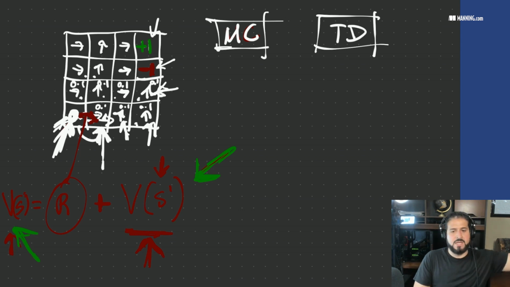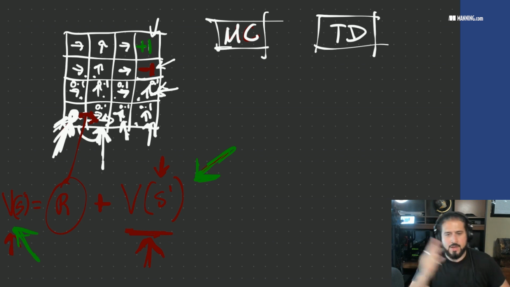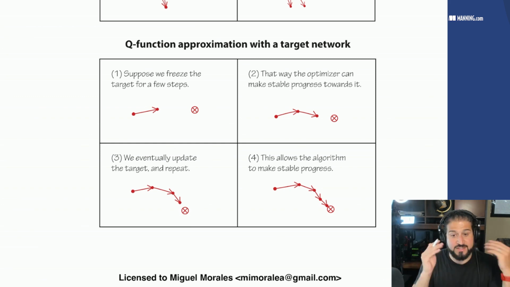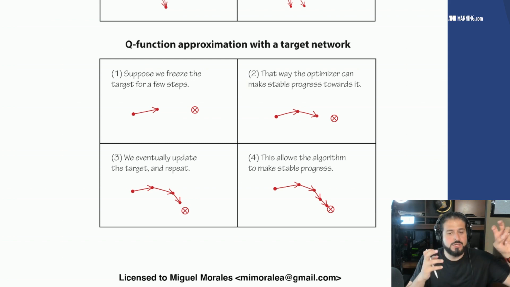Stationary, boom, changes, and then stationary, boom, changes. And then you go like that, back and forth, hopefully not back and forth, just a little bit at a time, I meant. This is basically what I'm trying to describe here with the target network. I want you to grok that, just put it in your head. That's the reason why you have a target network. You want the targets to look stationary.